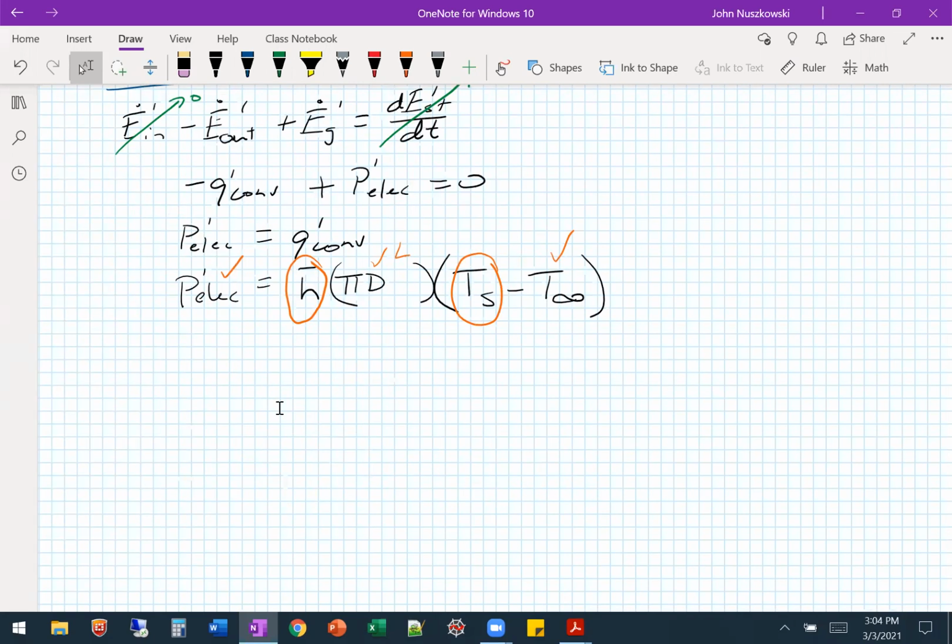Okay, so where do we want to start to get this average convection coefficient? What's our first step here to get this parameter?